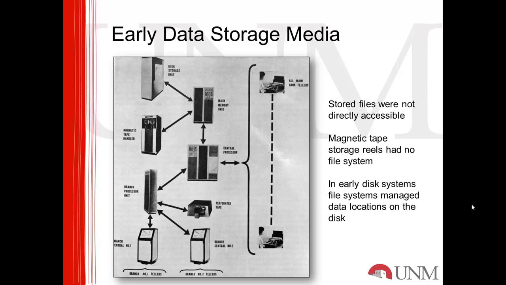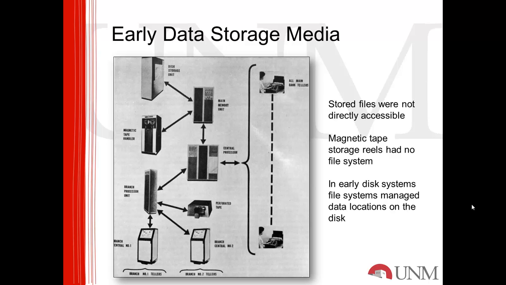And magnetic tape reels didn't actually have a file system that managed where data was stored on them. Data was stored in a sort of linear manner, and the program that was storing the data on the central processing unit would simply mark the start and end points of a stream of data that was to be stored on tape.